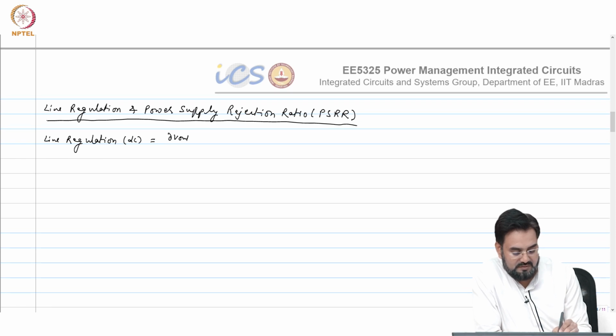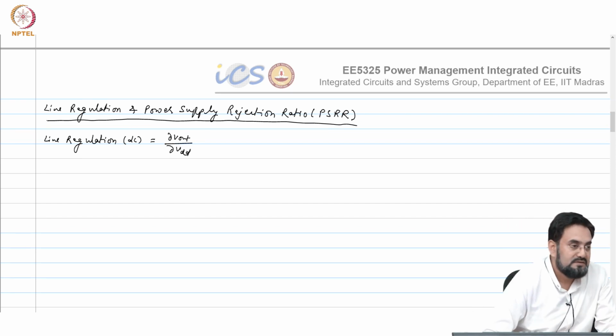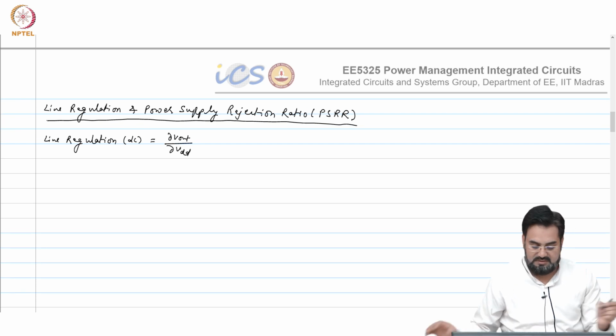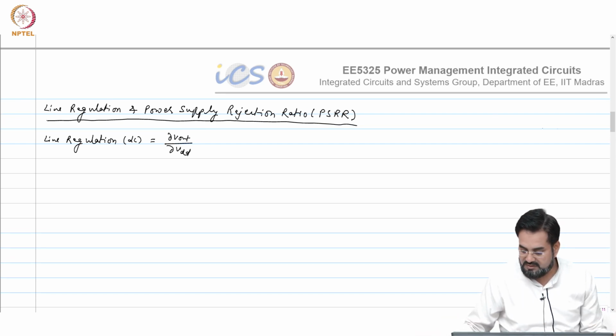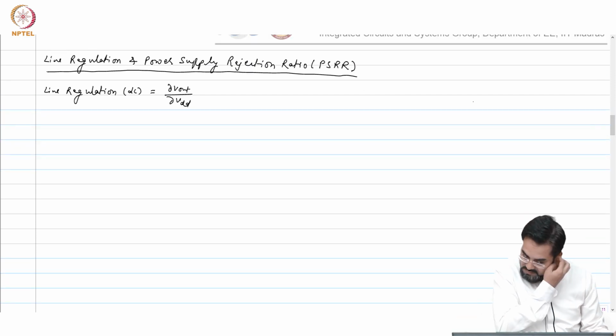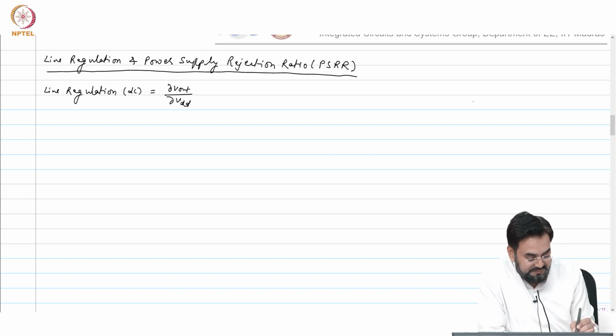Delta V out over delta VDD. Correct. So we'll try to derive this and see what the parameters are which basically derive this line regulation.